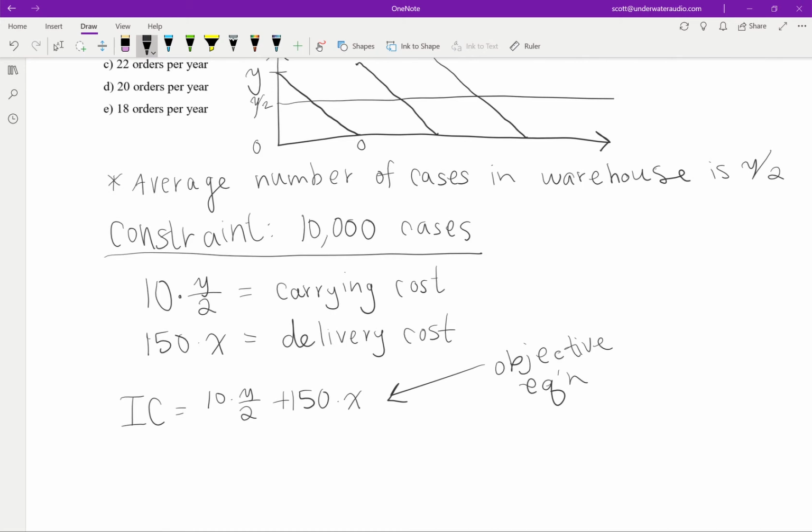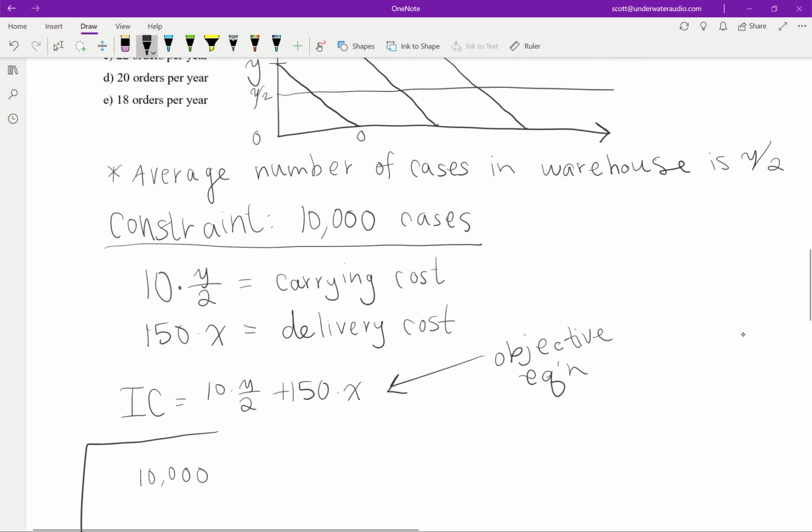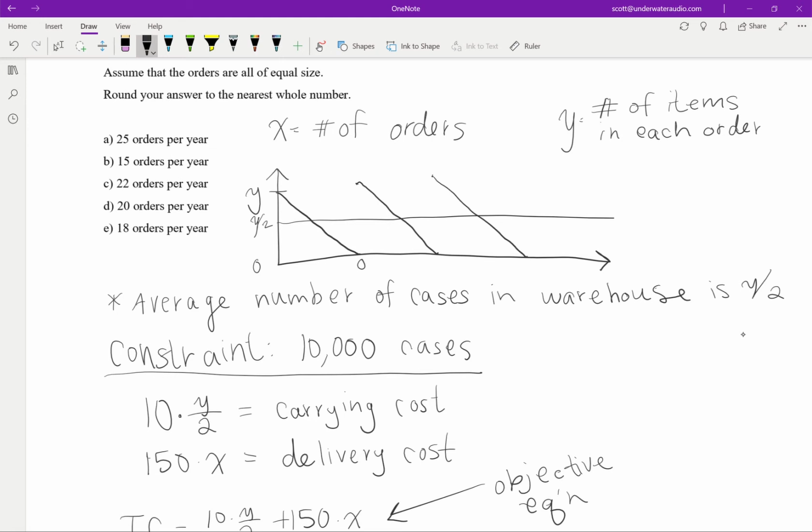The way I usually do this is I kind of break it up. So 10,000 cases, I need to figure out how that relates to x and y. It helps me to remember what x and y are. x is the number of orders, and y is the number of items in each order. So y doesn't change, right? y is the number of items in each order, and that's going to be the same each time.